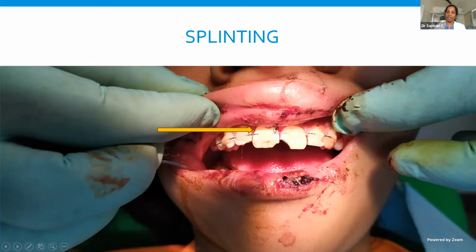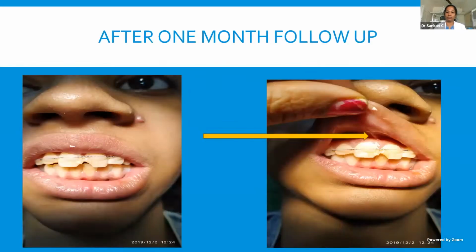So splinting is done. This is the tooth surface. This is the tooth we inserted recently and the patient is fine. Check for the occlusion and advise medication, soft diet, and most importantly, antibiotics for 5 to 7 days.